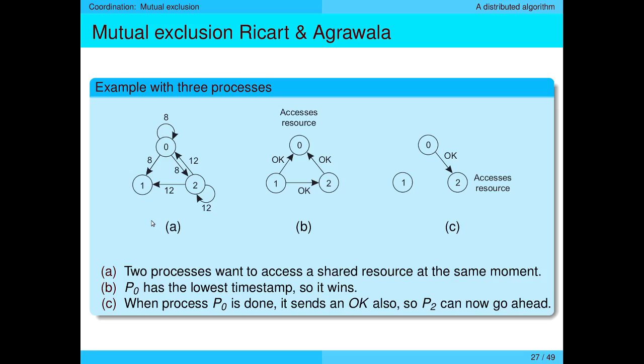Suppose P0 has a lower timestamp; the one having the lower timestamp will win the competition and access the resource. When process P0 is done, it sends an OK message to whoever is waiting, suppose P2. So now P2 can also go ahead. That is the way this Ricart and Agrawala algorithm works.